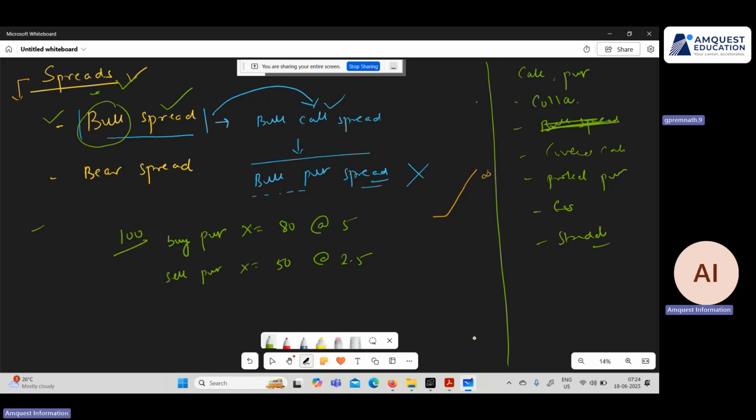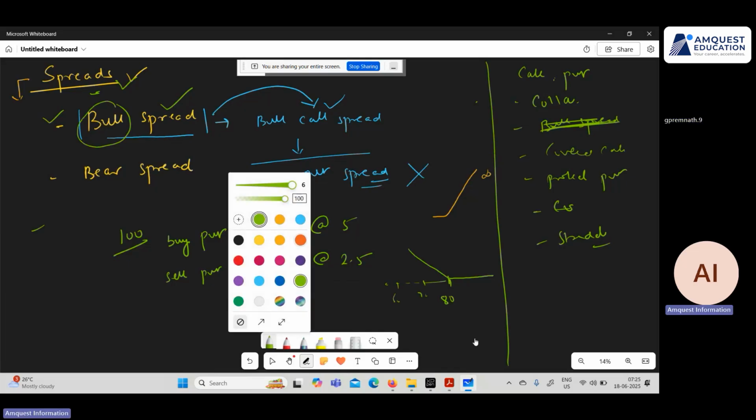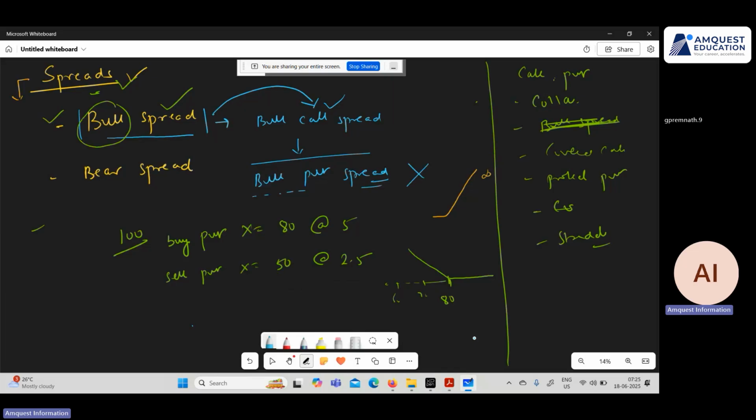How do we usually create this? We say that this is how our payoff looks, that before 80 we don't earn anything, but less than 80 we start earning, right? But in this case, since we have already sold the put, effectively my profits would now be truncated.